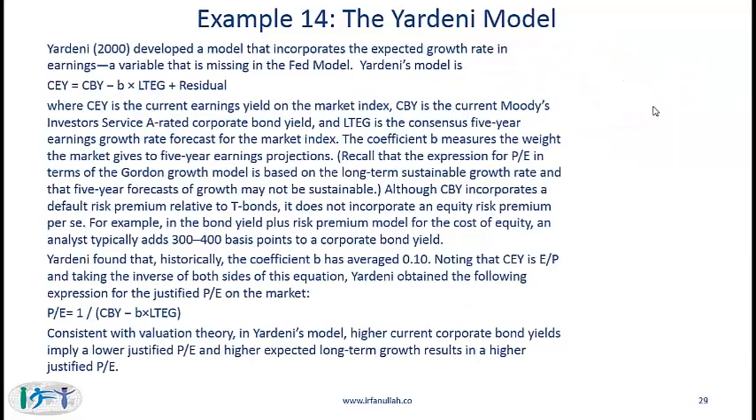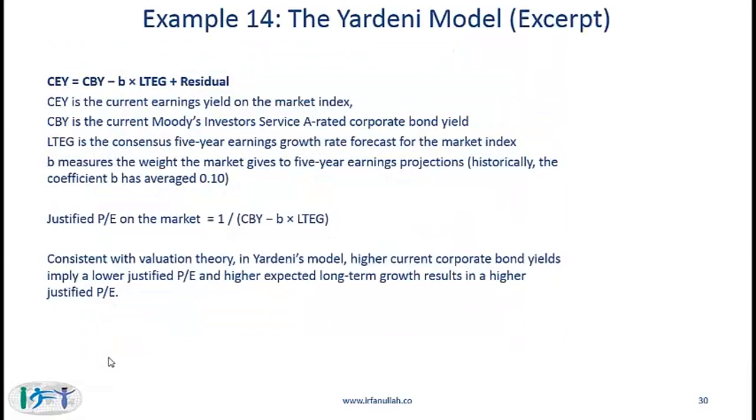All right, somewhat similar, but a slightly more sophisticated model is the Yardeni model. This slide actually reproduces the entire content from the curriculum. What I'll just do is emphasize the critical points, and when you have time, I do want you to read through that one pager. So here is what the Yardeni model says.